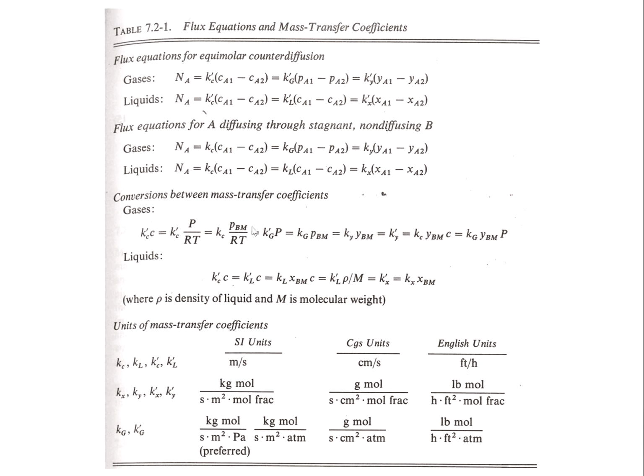Okay, next is the conversion between mass transfer coefficients. In the previous slides, I showed you only the correlations for EMCD. So you can actually also find the correlation between EMCD and stagnant B. For instance, if you take Kc prime C, this is actually equivalent to Ky YBM.